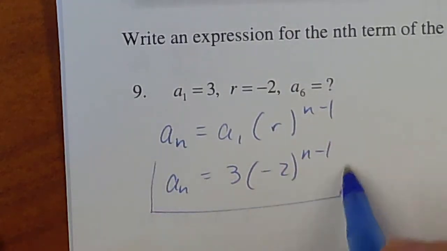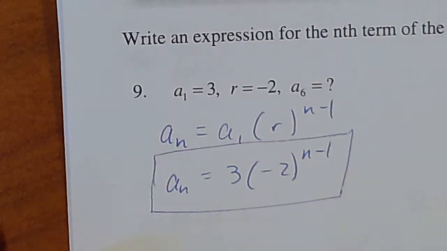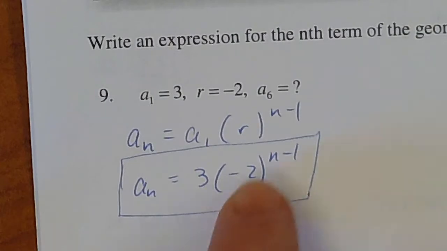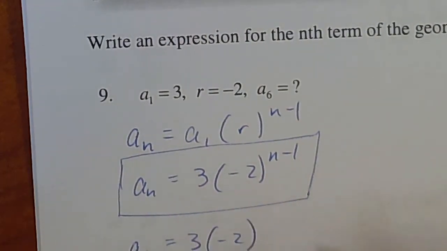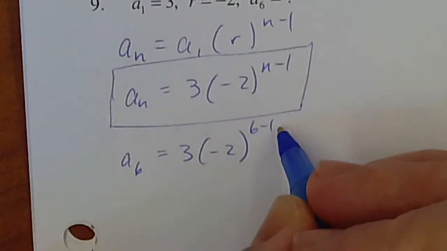Remember, if we're writing a formula for the nth term, keep it in terms of n. Now we can use it for the 100th term, 50th term, or whatever they're asking for, in this case, the 6th term. So there's 2 answers to this problem. A sub n formula, and then use it to find the 6th term. Okay, so that's going to be just to the 5th power now.